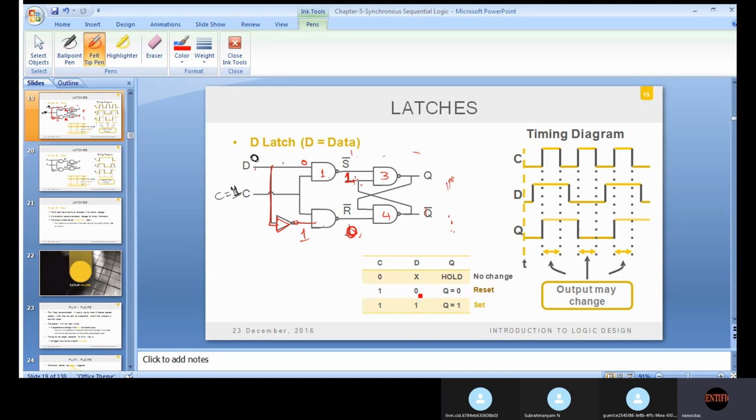For 1 0, if it is 1 we need not check for the other input, Q will be equal to 0 and Q bar will be equal to 1.